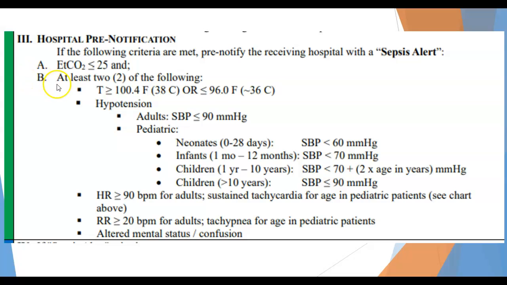Look very familiar. We have a temperature, high or low. They're hypotensive. Their heart rate is high, above 90. Remember, it needs to be sustained for pediatric patients, really sustained for all patients. Respirations are high, and they have an altered mental status. So we have an infection, their end-tidal is less than 25, and then 2 of these other vital signs.